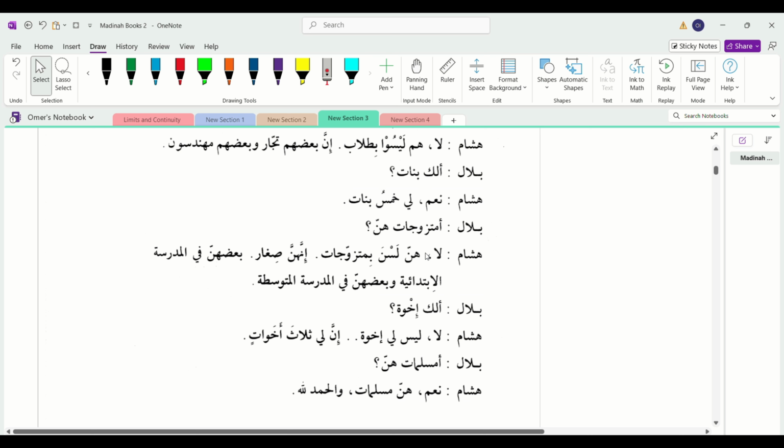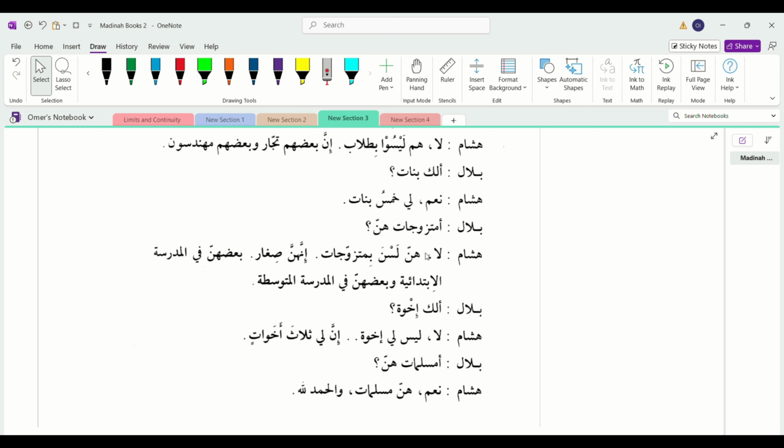And متزوج follows the Jama' Salim concept, the standard rules of pluralization in Arabic. That's why we can use متزوجون for males and متزوجات for females. المتزوجات هن, are they married?